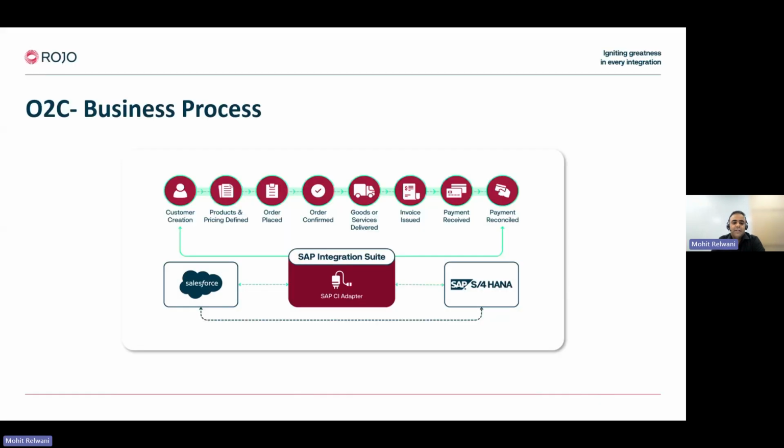First, we'll look at what O2C, order to cash, is as a business process, not talking about source and target systems or SAP or Salesforce, just the business process.